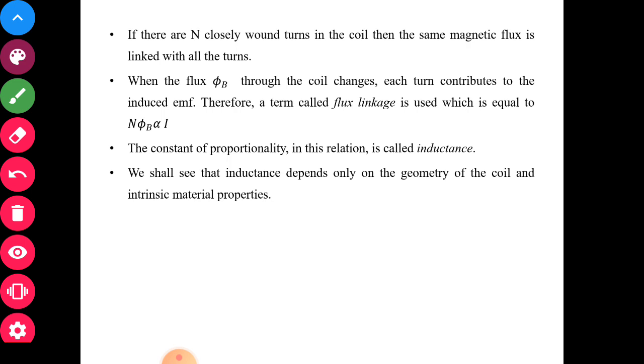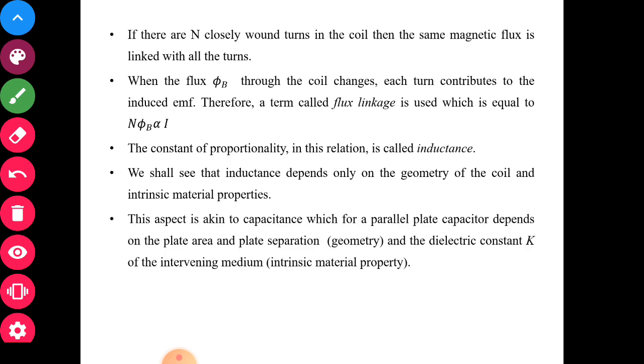We shall see that inductance depends only on the geometry of the coil and intrinsic material properties. This aspect is akin, means similar, to capacitance, which for a parallel plate capacitor depends on the plate area and plate separation and the dielectric constant K of the intervening medium.